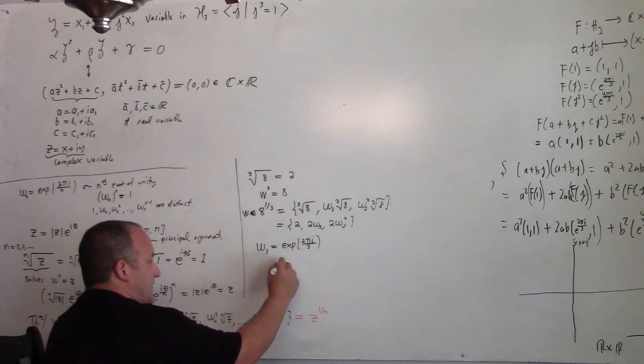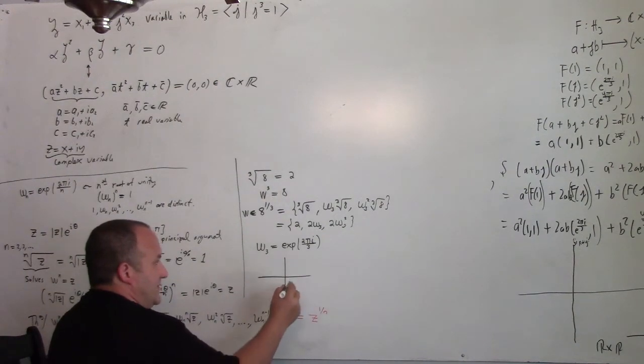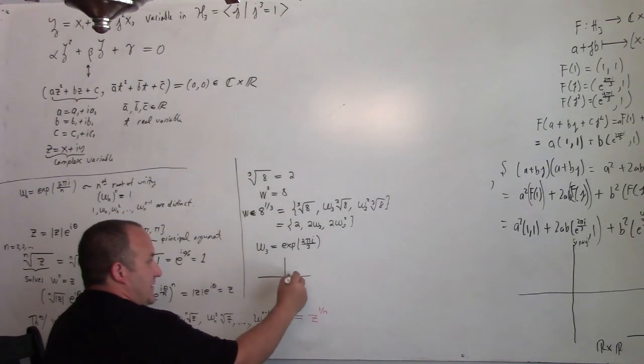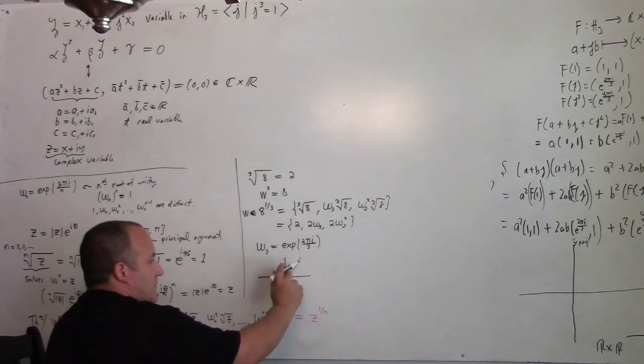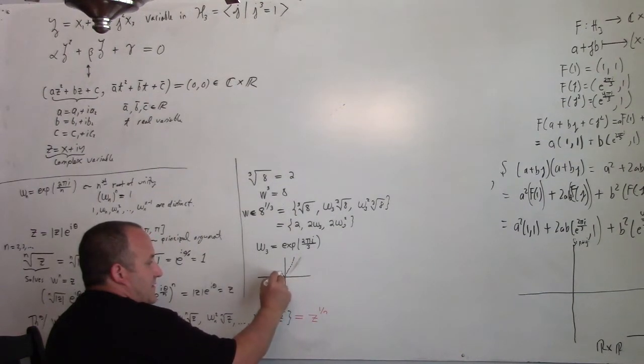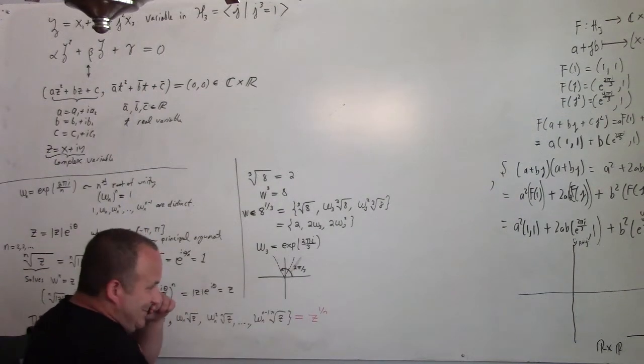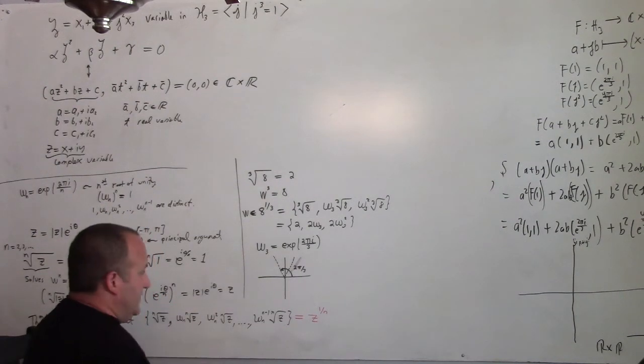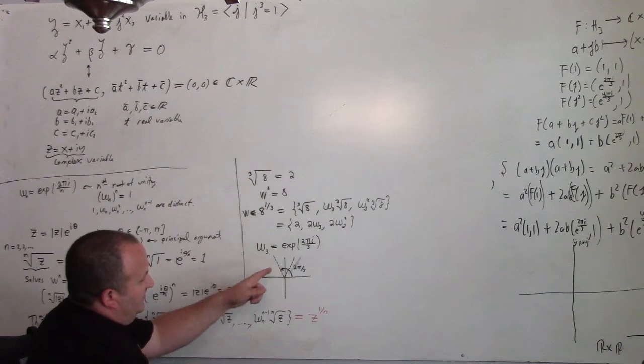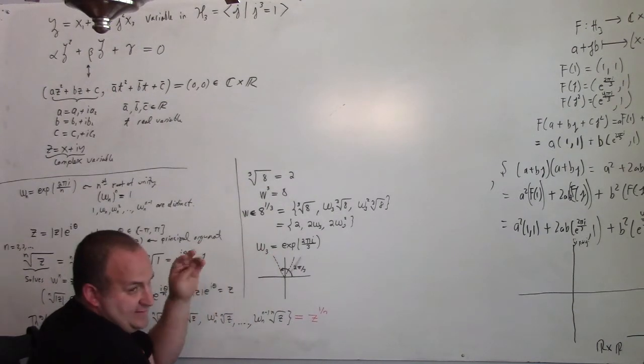If we take a more geometric approach, we can see what that is. Pi over 3 takes you 60 degrees over, and then this is 2 pi over 3 over here. So it's 30 degrees off the y-axis.